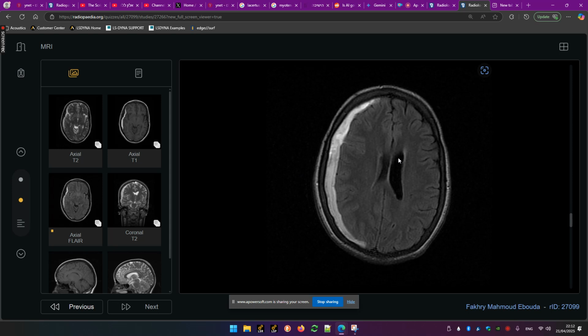And here we see something that looks like subdural and not epidural hemorrhage if this is bleeding, but this is probably bleeding because it's 30 years old with headache and anticoagulation. So it's probably a subdural hematoma, I think.